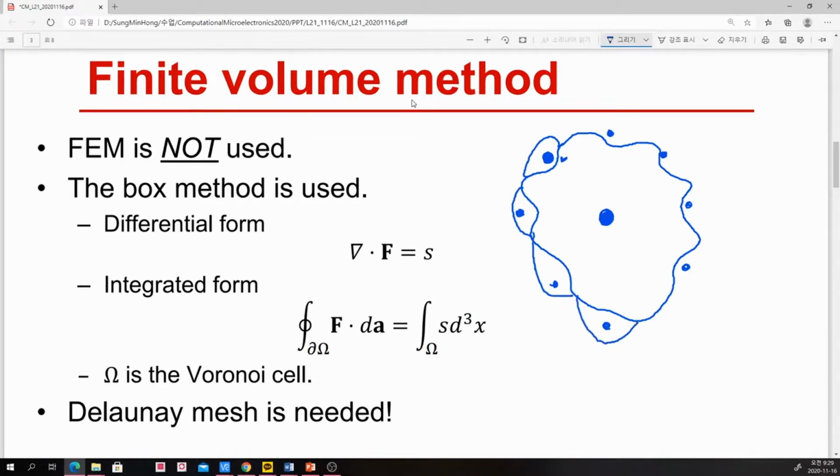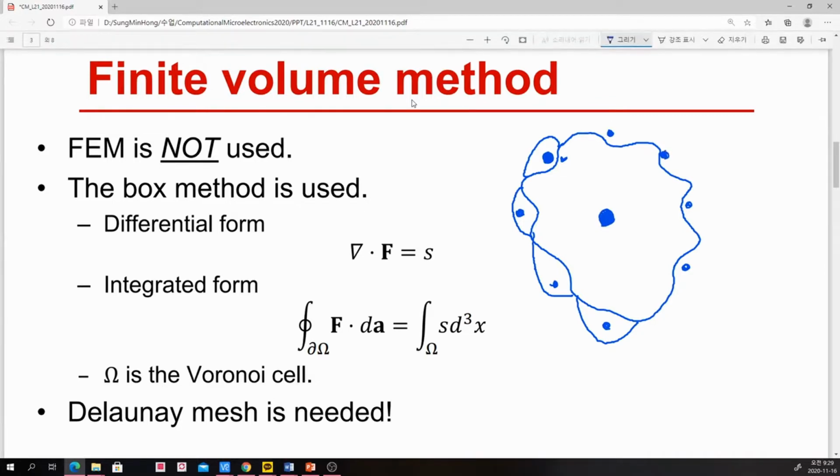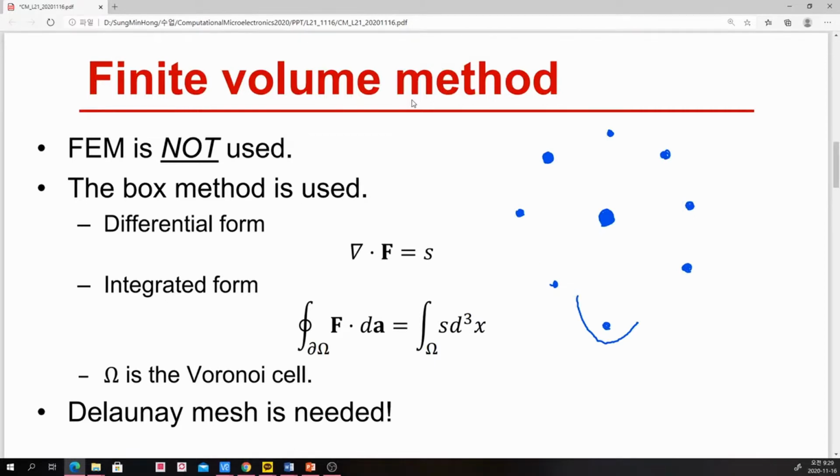Is there any reason for us to favor this position and this point? These points are not as important as this one. No. So I think we have to treat all points on an equal basis. That's the reason why the concept of a Voronoi cell is preferred in this situation.